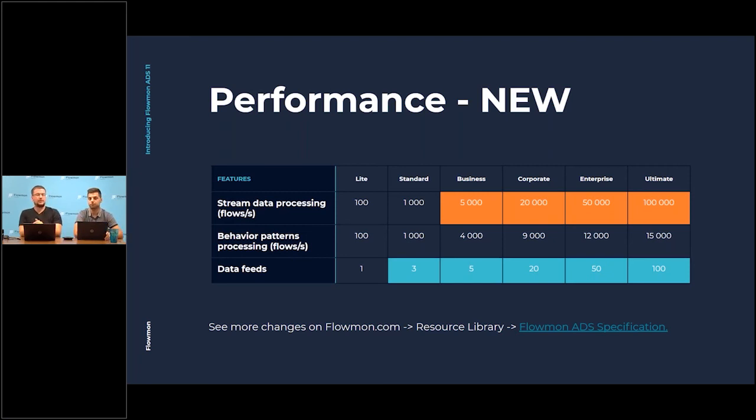Yeah, it's not exactly that however many flow sources you have, that many data feeds you need, but it's basically used for segmenting or getting the data from some segments of the network and having some different kind of detections over that part of the network, for example.